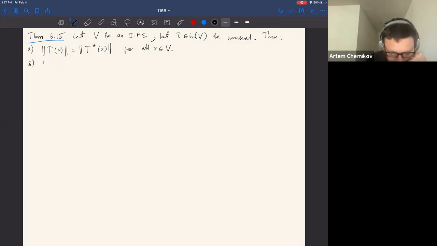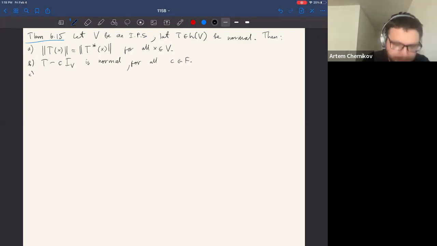B, we have that T minus c times I, where I is the identity operator on V, is itself a normal operator for all scalars c in F.